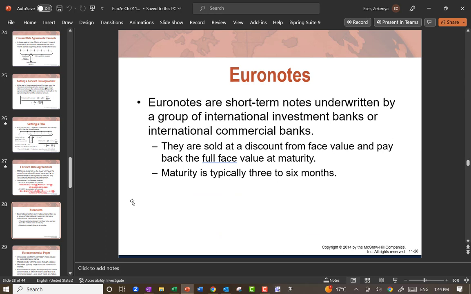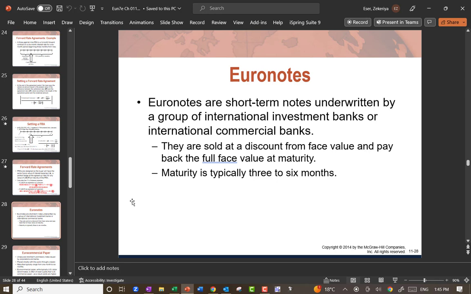Okay, as part of the Euro markets, something called Euro notes, these are short-term notes. When we say note, it's similar to a bond. We technically call anything that has a maturity of longer than 10 years a bond, and anywhere between 1 to 10 years a note.